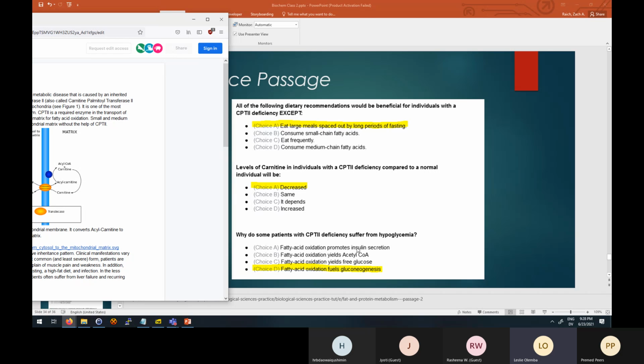Like in the paragraph below the chart, it said that they had long periods of fasting. So when you're fasting, you're not going to be really producing insulin because you're not eating. When I think insulin, I think you're eating. When I think of glucagon, you're fasting. So that's why I took that one out. Yes. Yeah. So it's good. You can keep going, but I'll just say it's good that you're doing process of elimination.